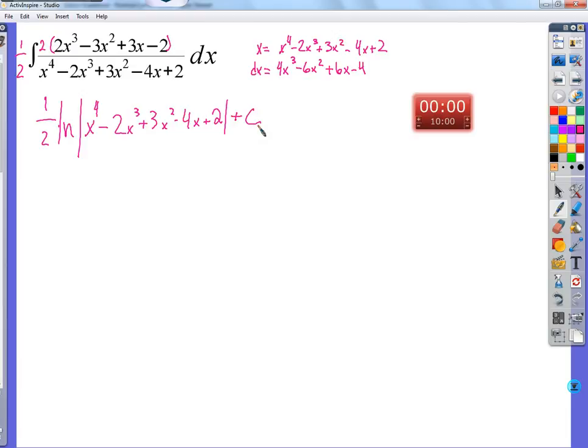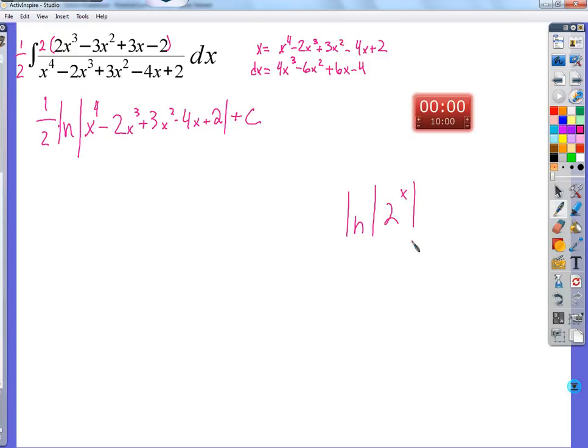It's probably not going to really come back to bite you too much, except in the free response, where the way you write the answer matters, and you don't put absolute value when it is necessary. Sometimes the absolute value is not necessary, like if you end up with the natural log of 2 to the x.